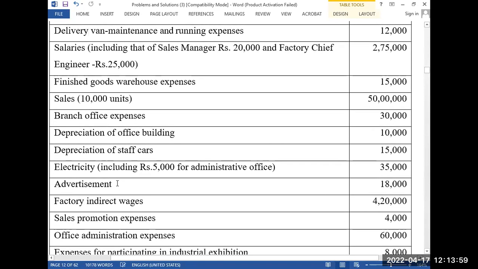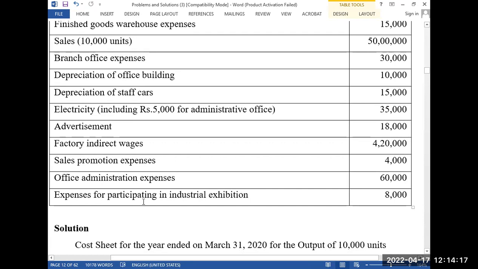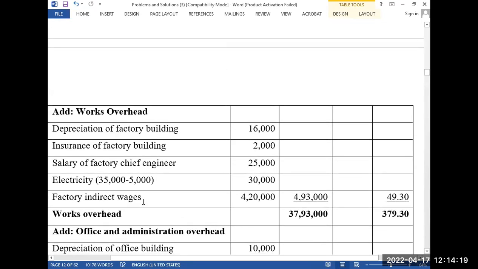Next. Electricity including 5,000 for administrative office. Only 5,000 is for administrative office, so the remaining should be for factory. Then factory indirect wages. Indirect wages are overheads. Look at the answer. Depreciation of factory building, insurance of factory building, salary of factory chief engineer, and then electricity cost 30,000.